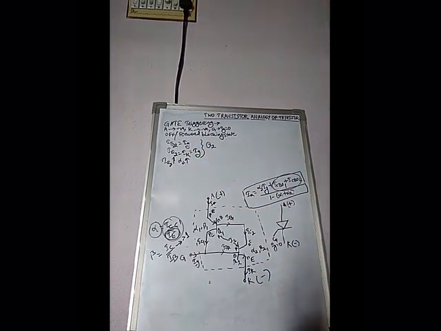After alpha 2 rises, what happens? Now the base current IB2 causes the existence of collector current IC2. See here, base current developed, emitter current developed.